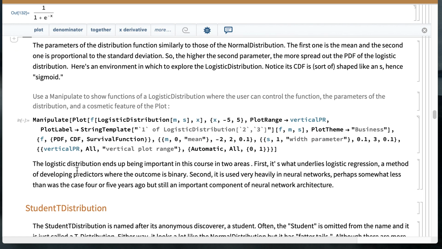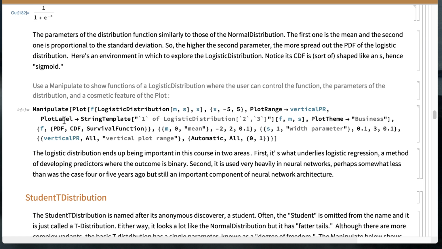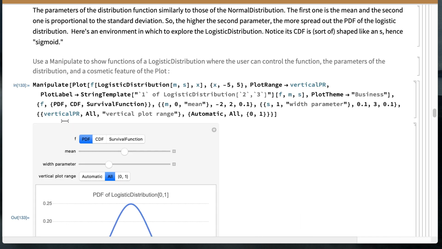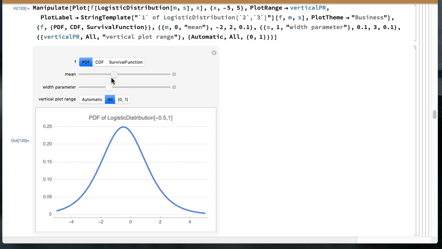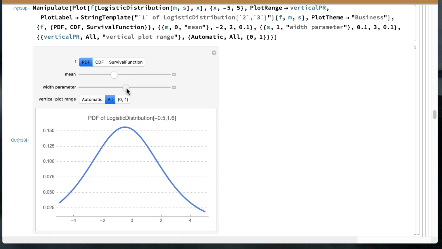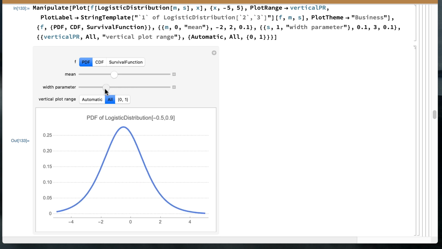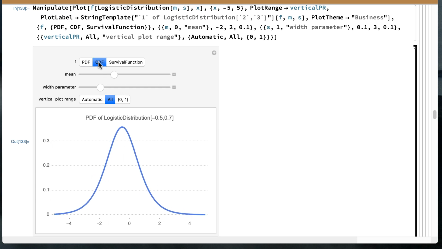Okay, we can see what a logistic distribution looks like. And here, I've made a handy-dandy manipulate. We can look at how the PDF shifts as I shift the mean. We can see how the PDF shifts as I shift the width parameter. Let's look at the CDF.